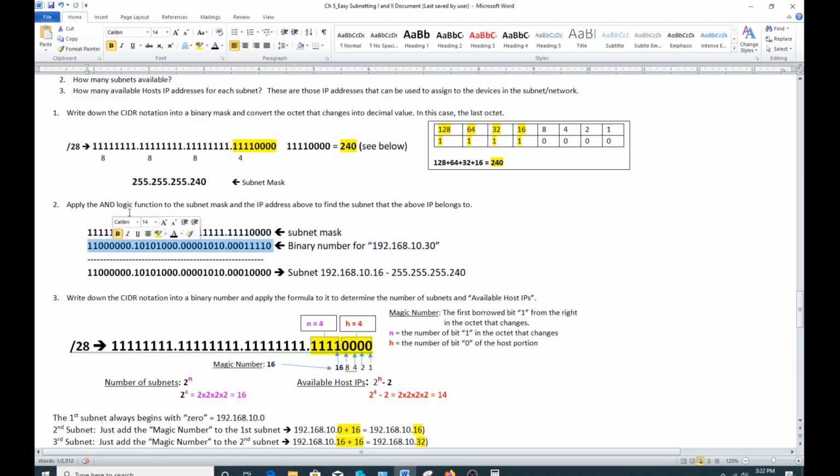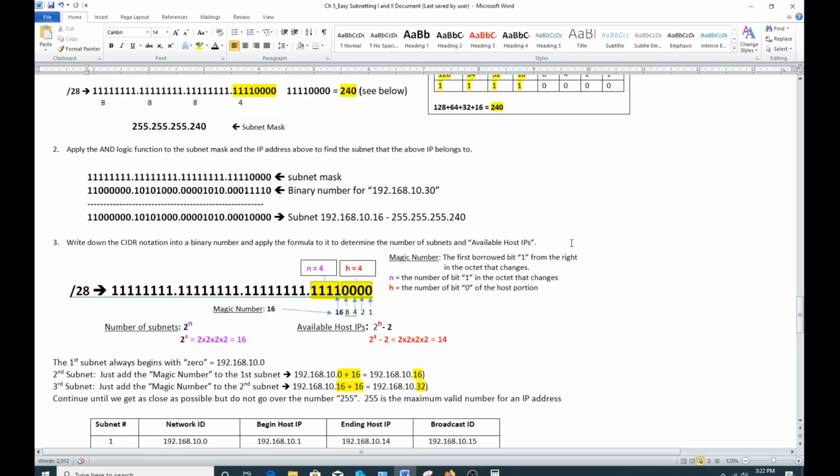Then we use the AND logic function to determine the subnet. The AND logic function says anywhere we see 1 and 1 is 1, 1 and 0 is 0, 0 and 1 is 0, 0 and 0 is 0. So that's the result right here. We convert that back into decimal, and that is the subnet. So this IP address belongs to this subnet.